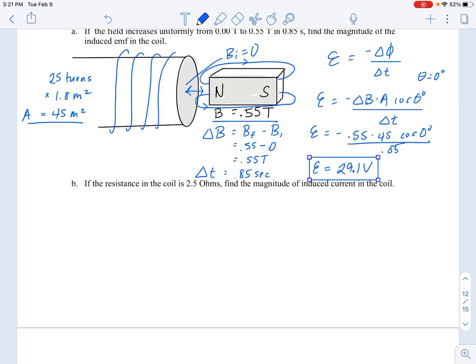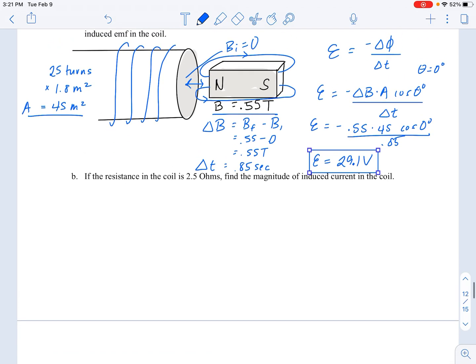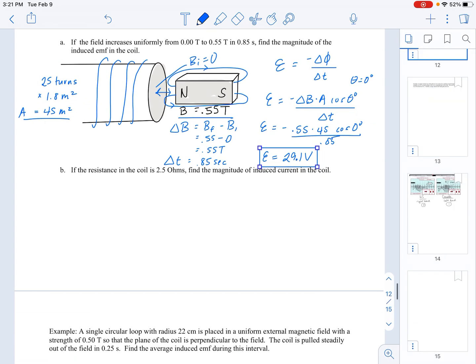Okay, now what we need to think about is what would the direction of that be? And I'm going to add a page to make some space for myself here.